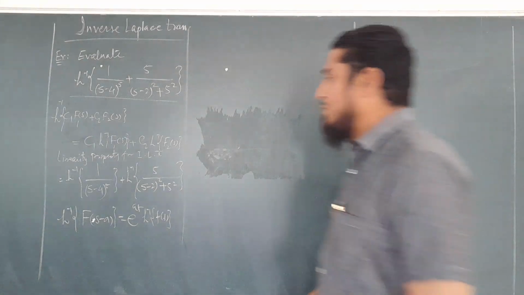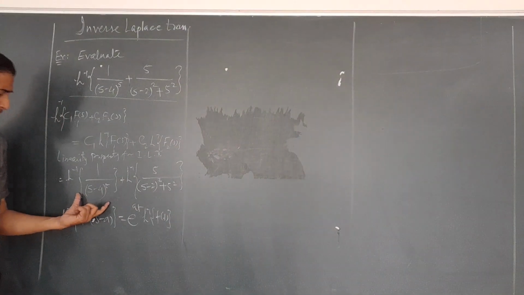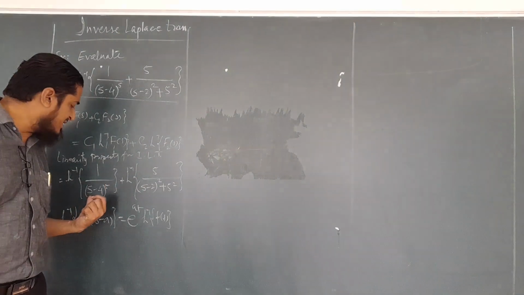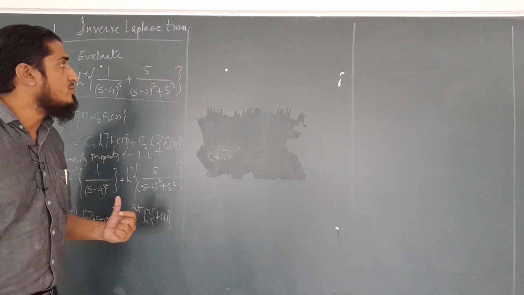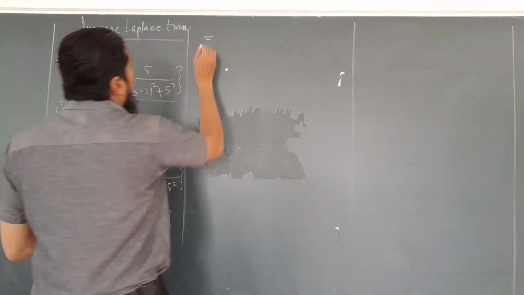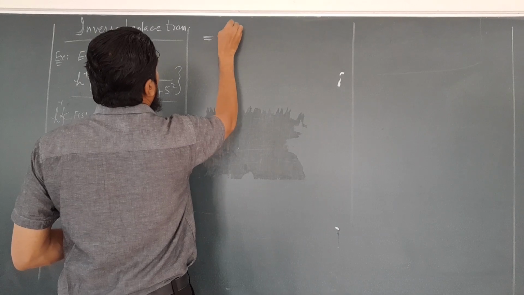So using the first shifting theorem here, for the inverse Laplace transform of 1 upon (s minus 4) raised to 5, we can write this as e raised to 4t.